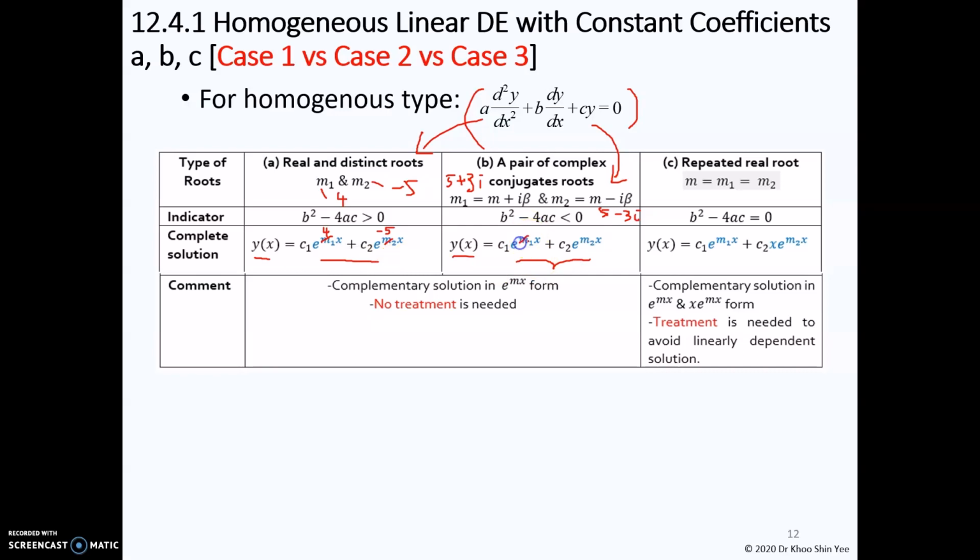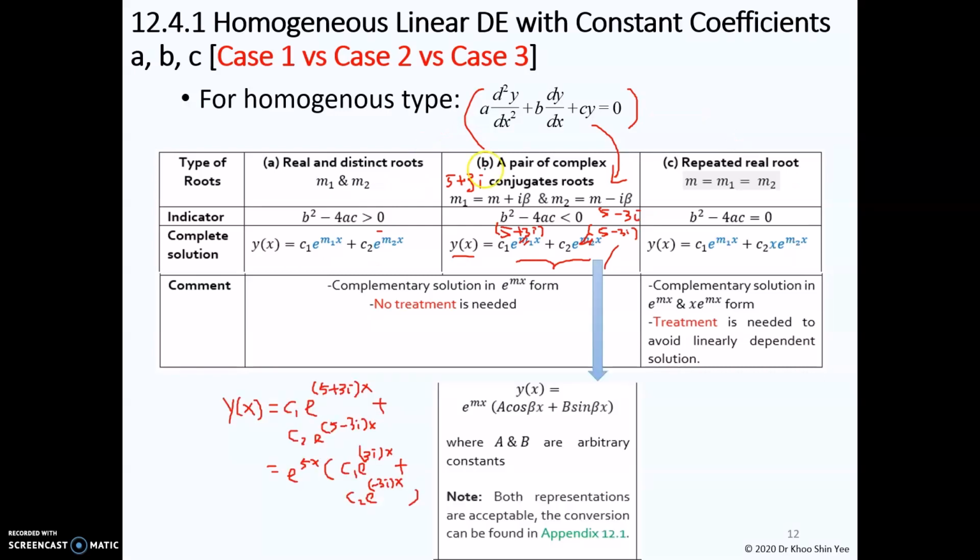You just replace m1 with 5 plus 3i inside, and for m2 you substitute 5 minus 3i inside. So this is your solution. Lastly, if you obtain a repeated root, for example m1 and m2 are the same, equal to 3, you can substitute m1, m2 equal to 3 inside.